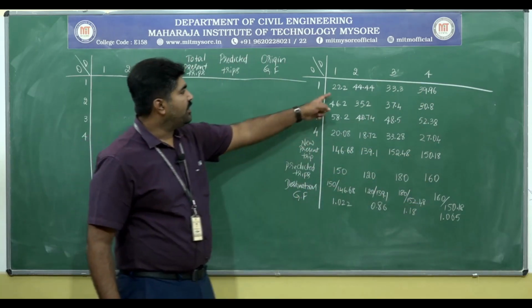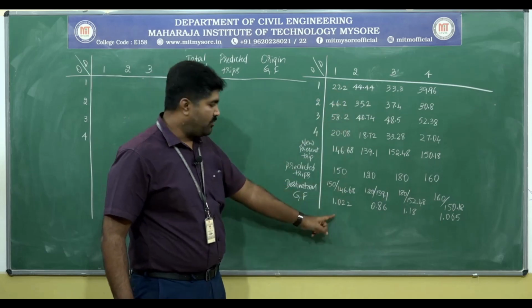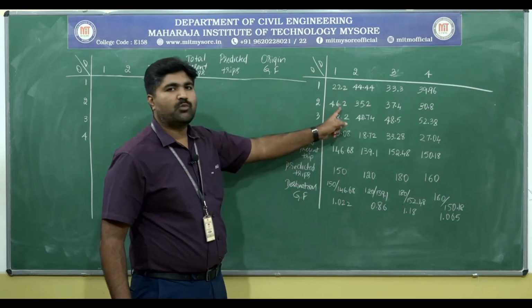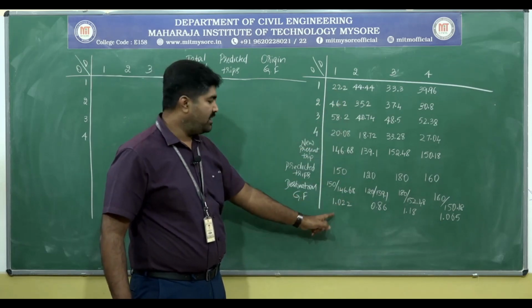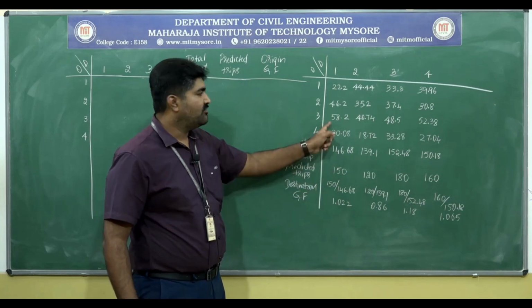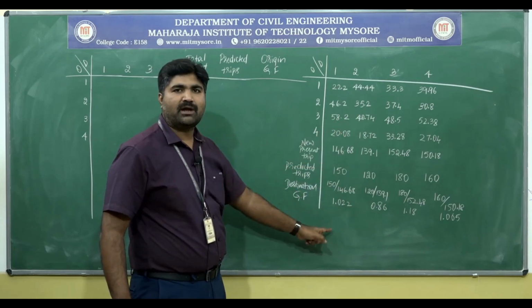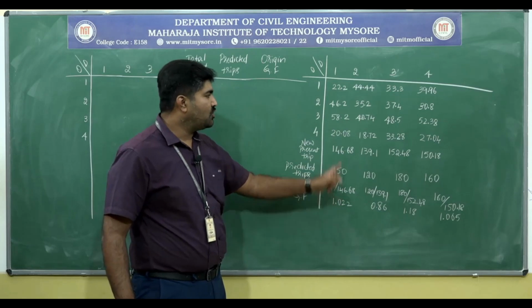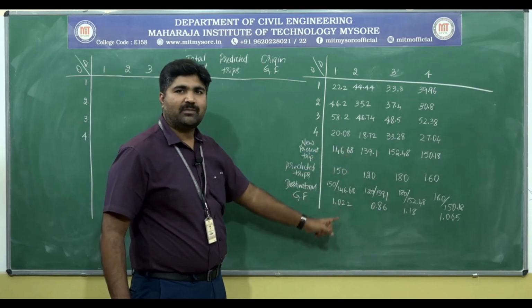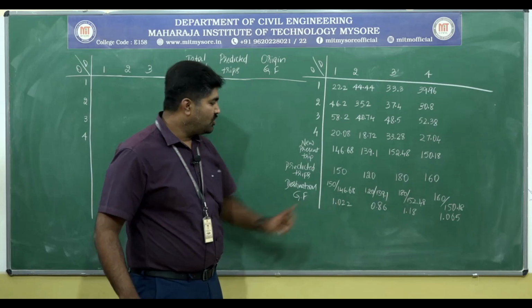Now 22.2 into 1.022. 46.2 should be multiplied by 1.022. 58.2 that should be multiplied by 1.022. 20.08 that should be multiplied by 1.022.